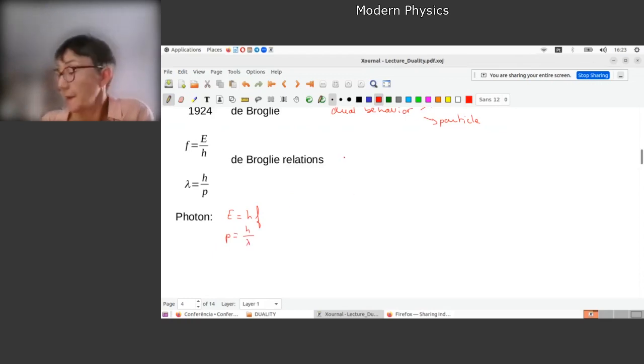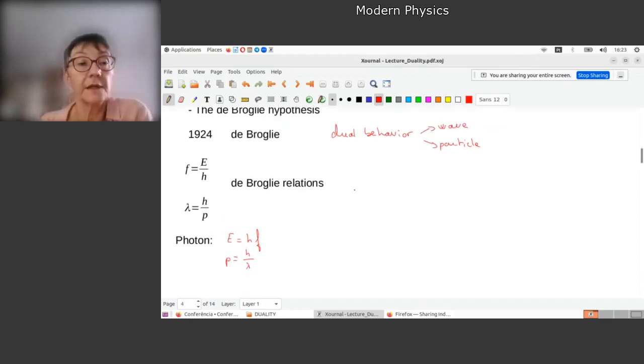Sometimes I will write lambda for the particle wavelength with the subscript dB, not decibel, but for de Broglie, to call your attention to the fact that it is the de Broglie wavelength of a material particle.